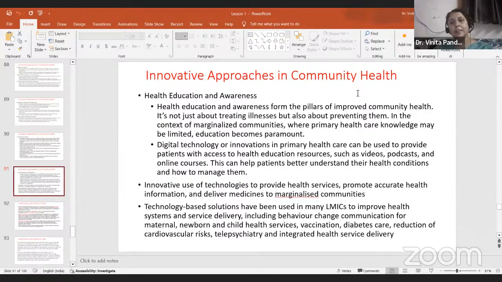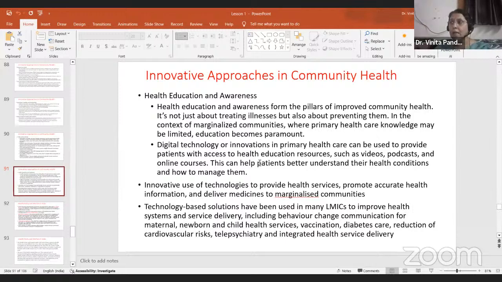But what I'm basically trying to impress upon all of you is, if the government, especially the Ministry of Health and Family Welfare, both at central level and state level, along with the support of civil society organizations and various other NGOs who are working at grassroots level, we can go that extra mile to bring more and more awareness even among the most marginalized communities.